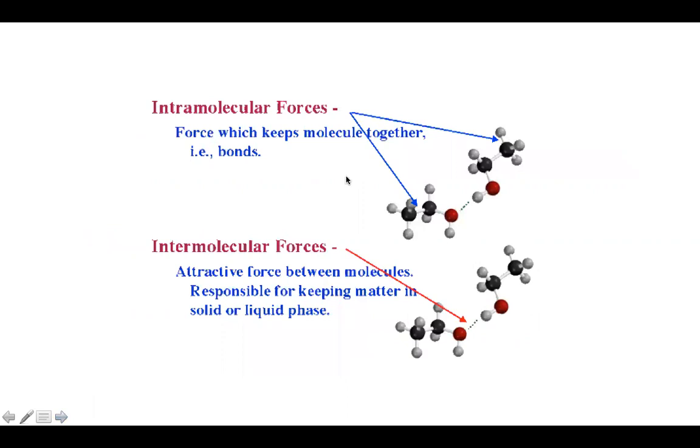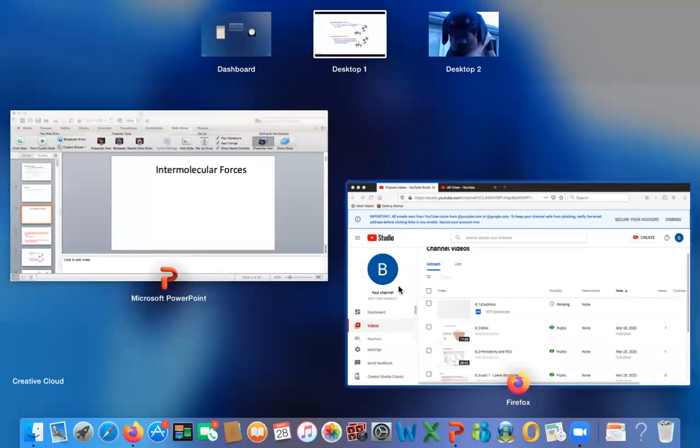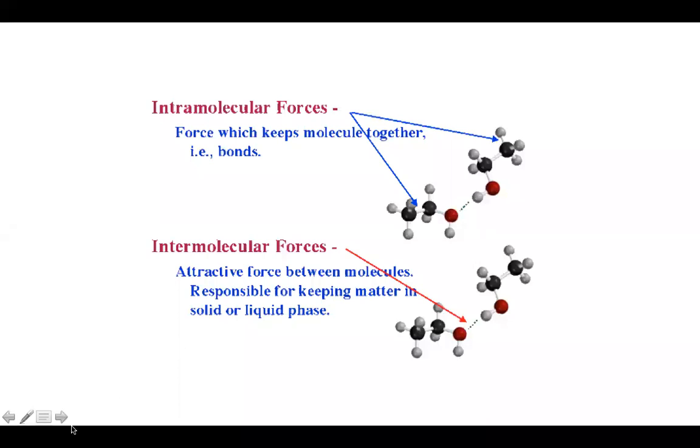So here's a picture showing the difference between intramolecular forces and intermolecular forces. Again, intra is the actual chemical bonds, but inter is going to hold one molecule near another molecule. That's what's going to be responsible for substances being in a solid or liquid phase.